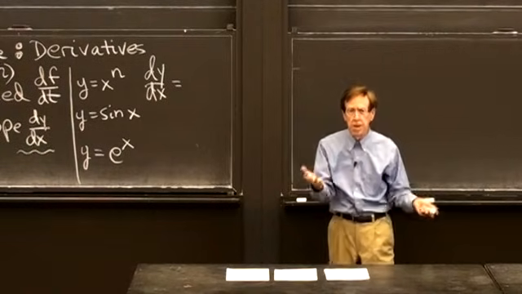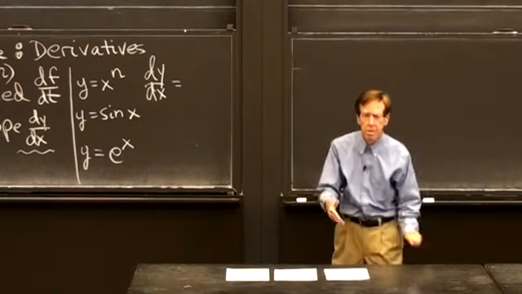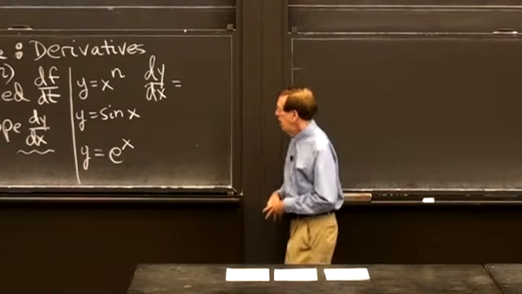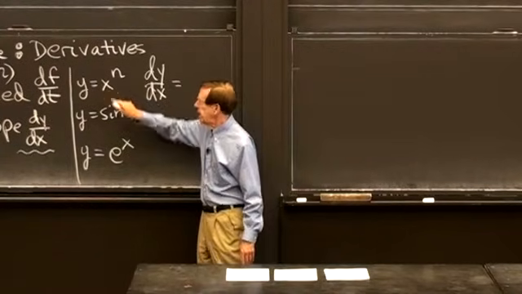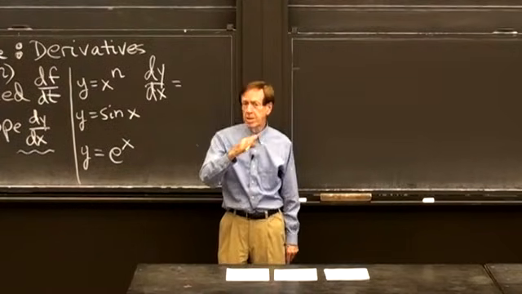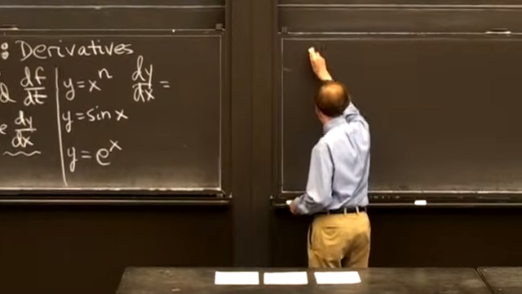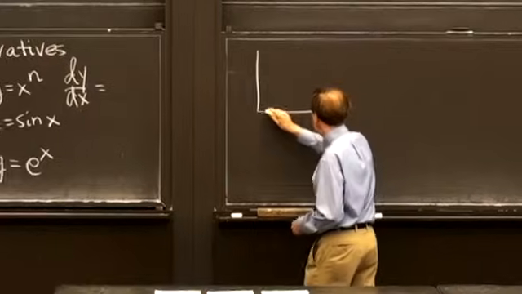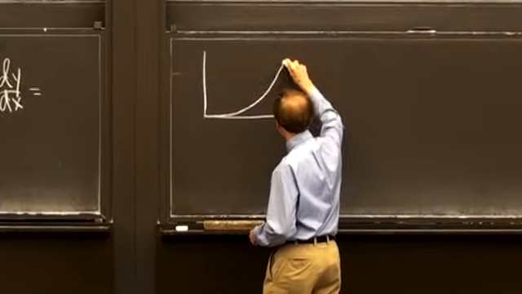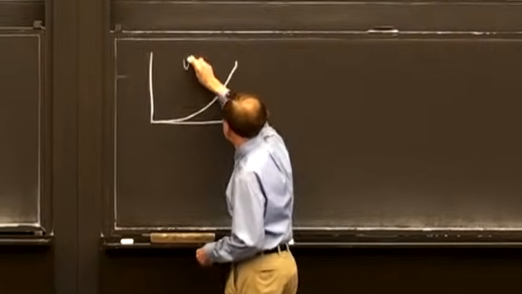That's all coming. Let me even start by giving away the main facts for these 3 examples, because there are 3 you want to remember and might as well start now. The x to the nth, so that's something, if n is positive, x to the nth climbs up. Let me draw a graph here of y equal x squared, because that's one we'll work out in detail.